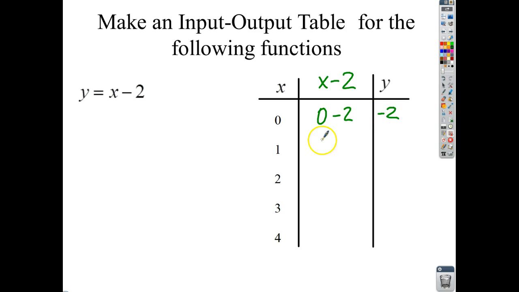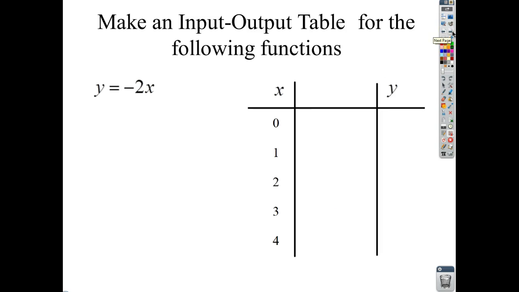Negative 2. 1 minus 2 is negative 1. 2 minus 2 is 0. 3 minus 2 is 1. 4 minus 2 is 2. And so here are your pairings: 0, negative 2; 1, negative 1; 2, 0; 3, 1; 4, 2. And then we can put these on a graph. All right, try that one.